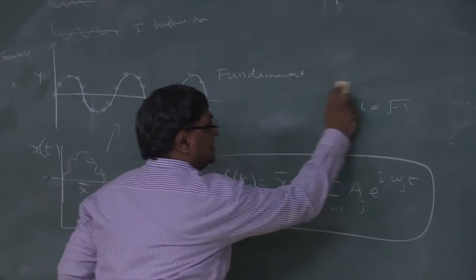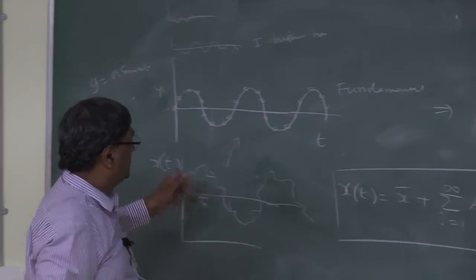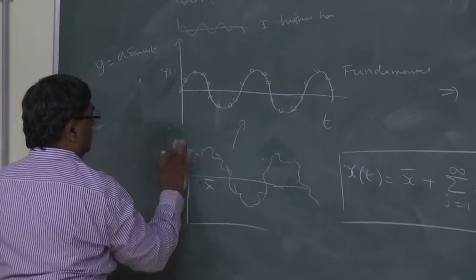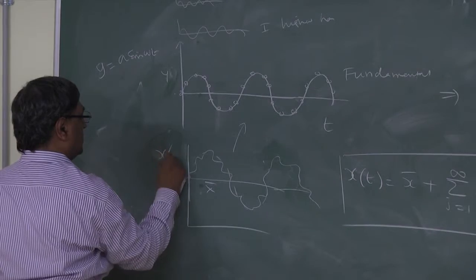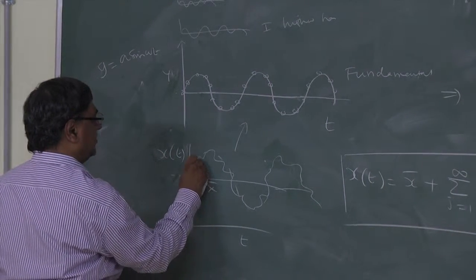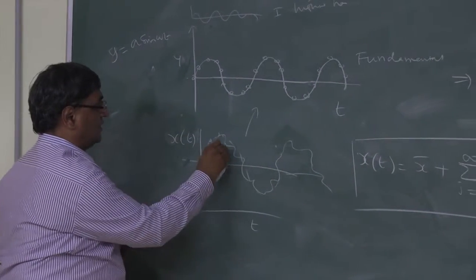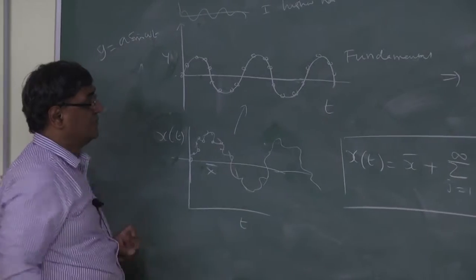If I had to show this instead of as a time series, this is still a time series, as a function of time, which we would have obtained by taking many points. We would have sampled this signal and then got many points.